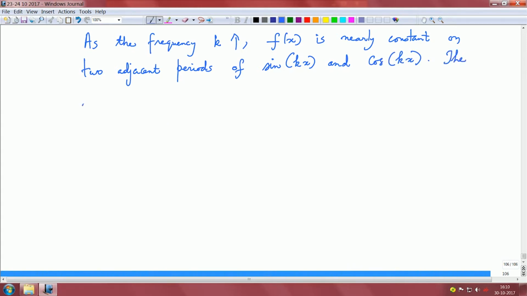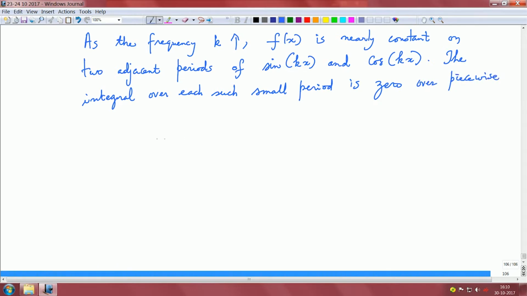The integral over each such small period is 0 over the piecewise intervals.